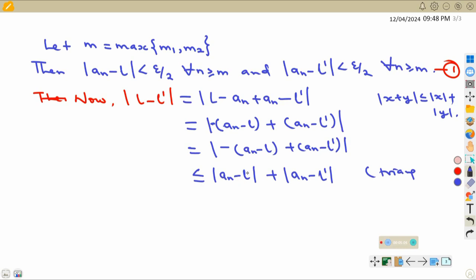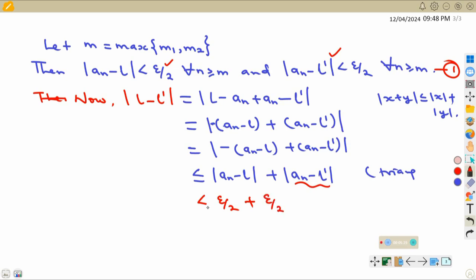But we already have a_n minus L as this one here, and we already have this as that. So from equation number 1, this expression is less than epsilon over 2, plus this one here is also less than epsilon over 2.